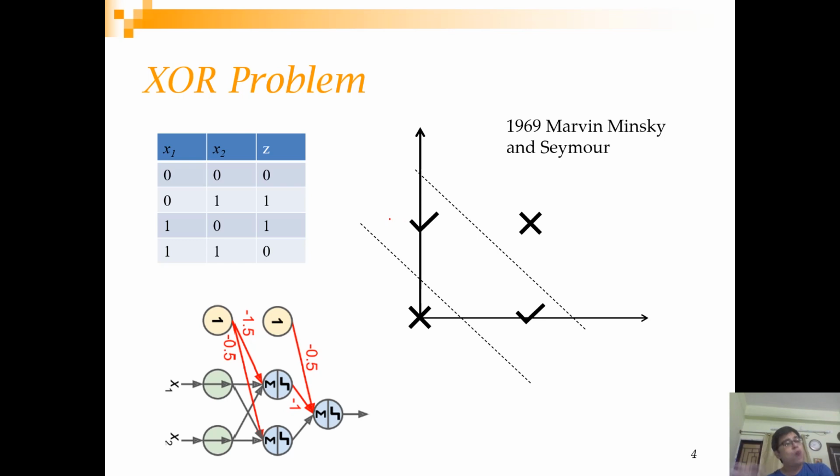We will not worry too much about the working of this perceptron right now, and we will not worry about the weights and all. But essentially, this perceptron will draw one line, maybe this line, and this perceptron will draw another line, maybe this line.